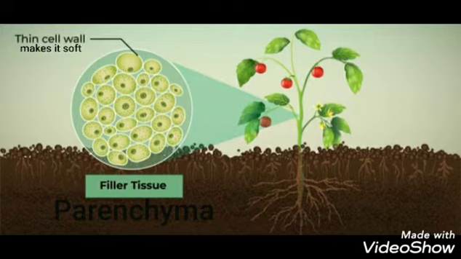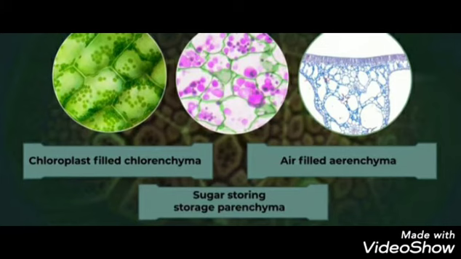Their cell wall is quite thin, which makes these tissues very soft, and there are intercellular spaces present between the cells of these tissues. Now, some of their important functions are storage of food and assimilation of the energy. Assimilation means utilization.